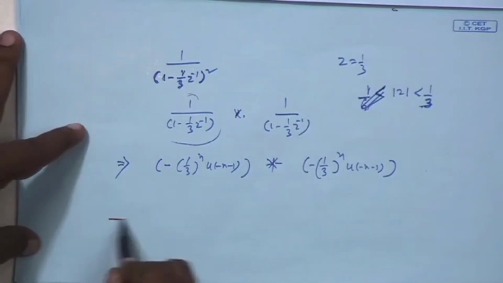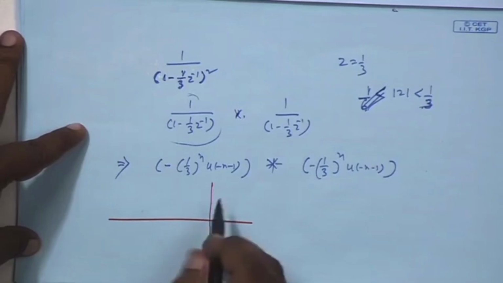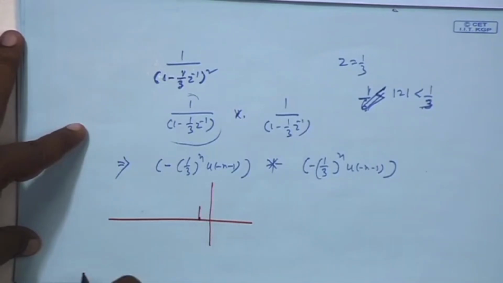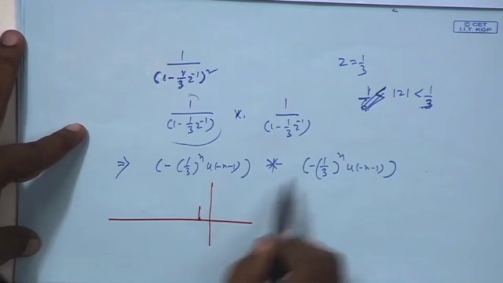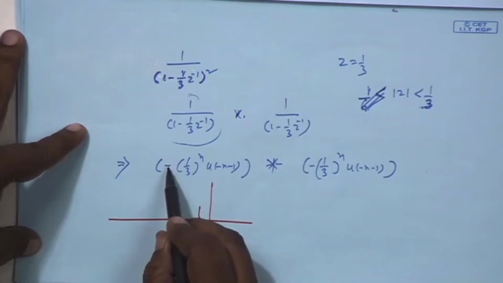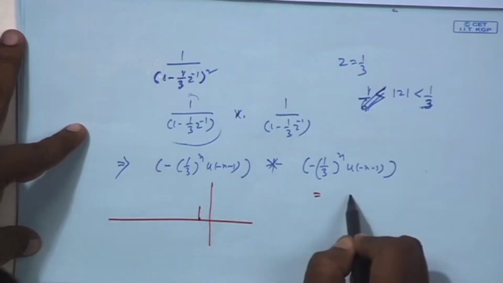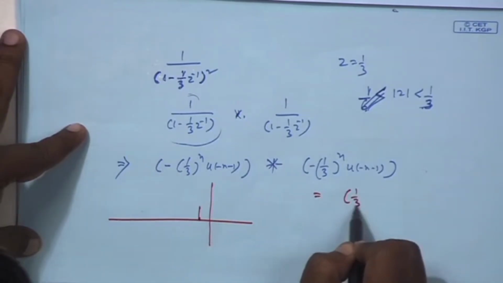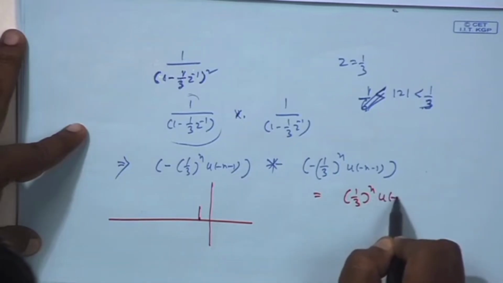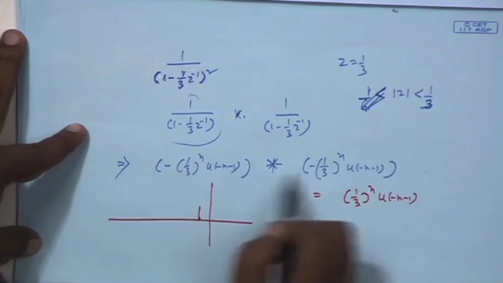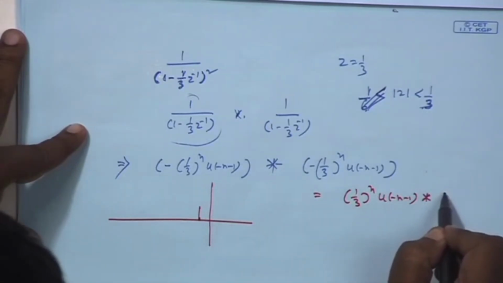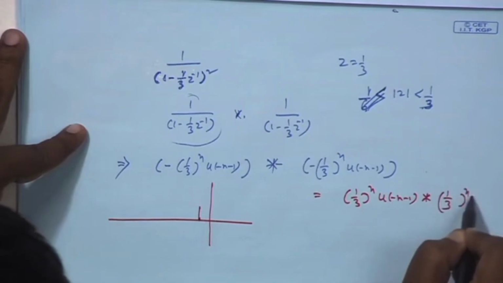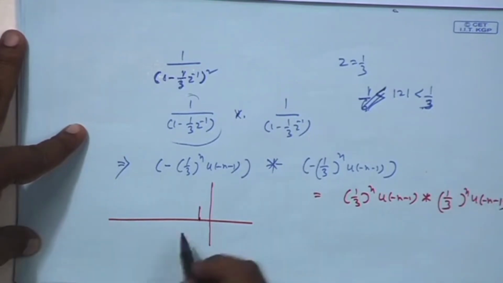What is this function? This function starts like this: 1, because minus and minus gives plus. So, you can forget the minus, it is the same as 1 by 3 whole to the power n. This minus is for all samples, minus minus plus, so forget the minus. It starts at n equal to minus 1 onwards.